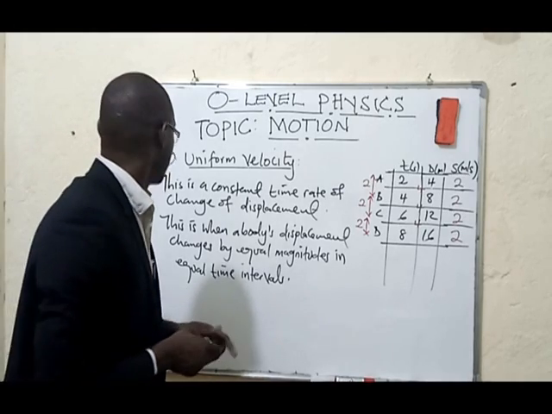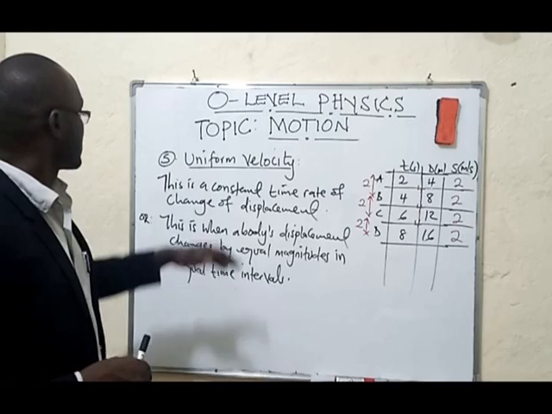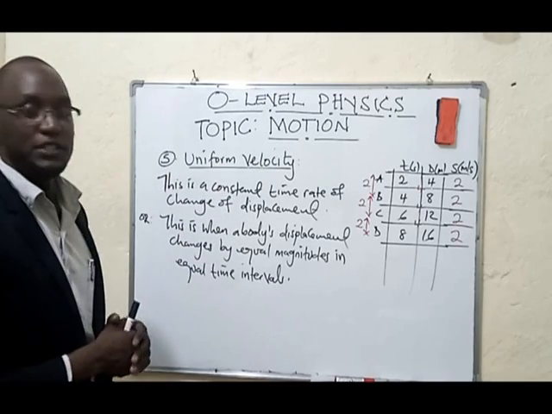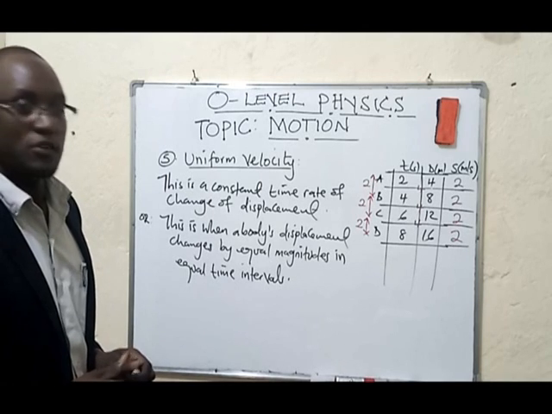Very good. That's what we call uniform velocity. So it is the same thing as uniform speed. Where there is displacement, we shall just put the distance. Hope you can get that.